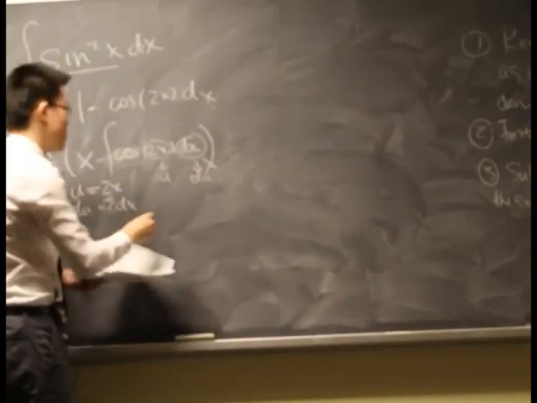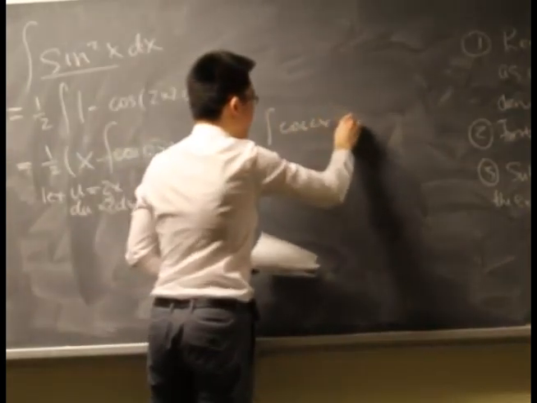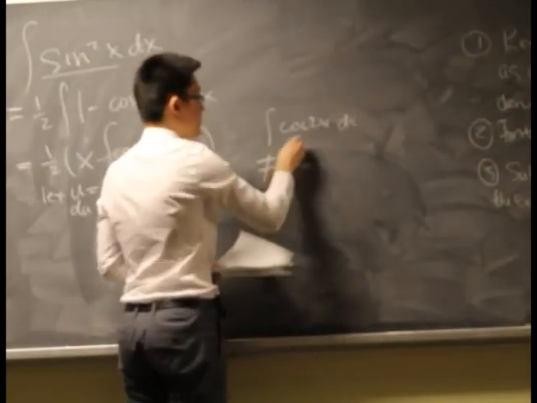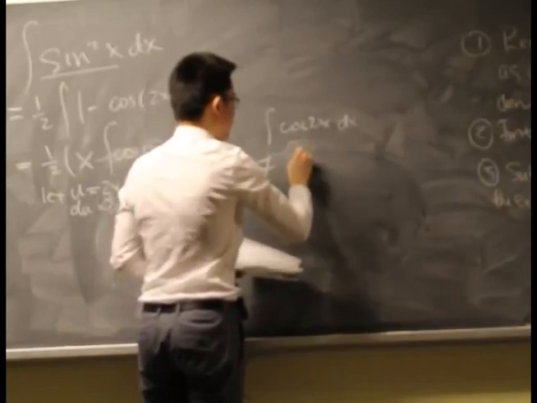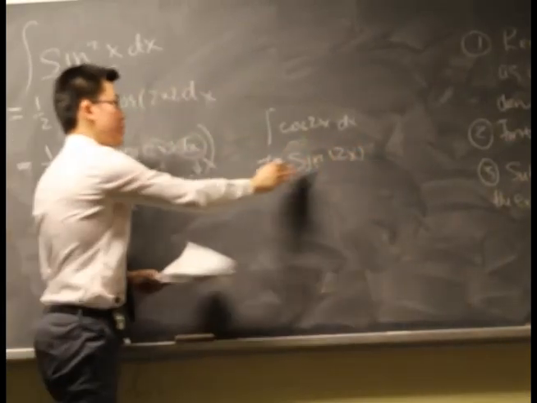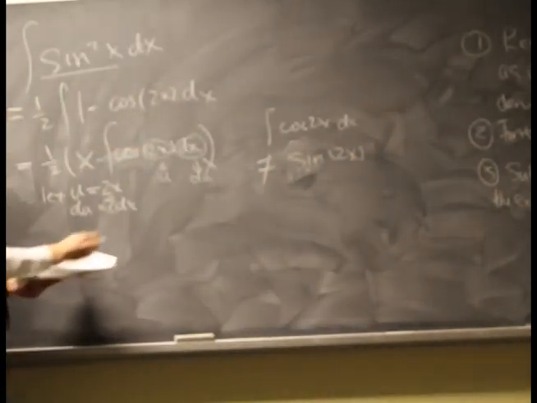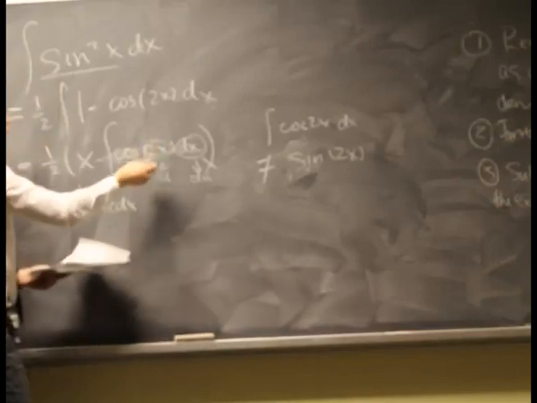So you need to pay attention to not directly making the assumption that the integral of cos 2x is sine 2x. These two are not equivalent, and that's one of the common mistakes I think that people make when the inside is a simple expression like 2x.